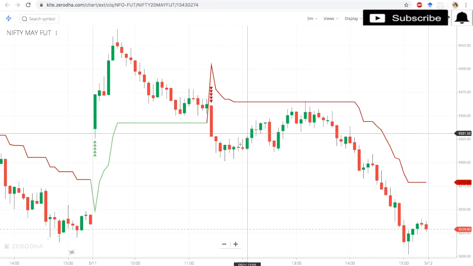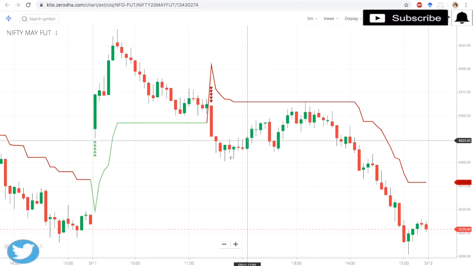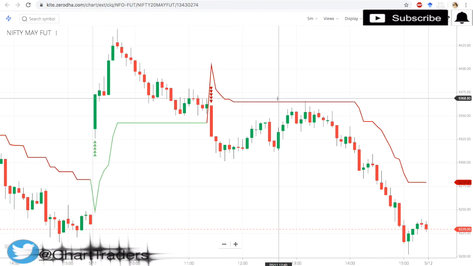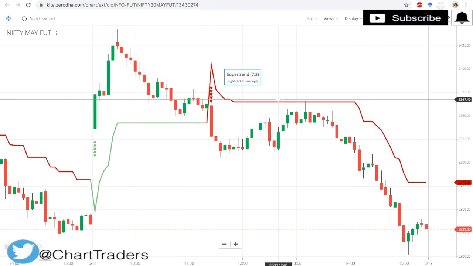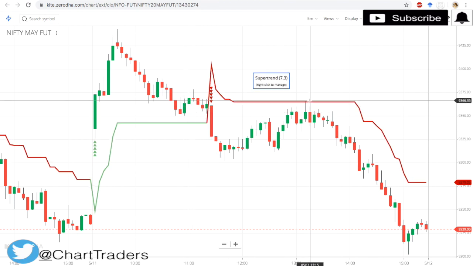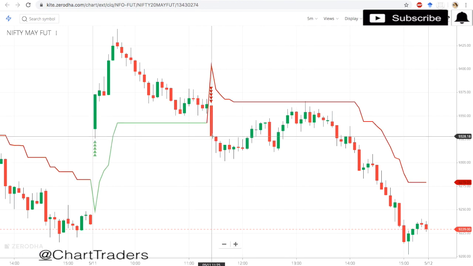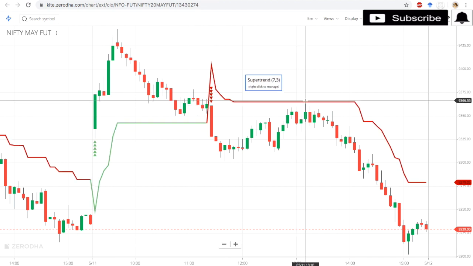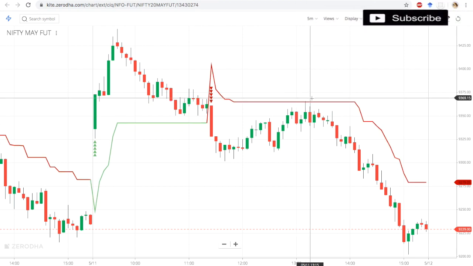So in Super Trend, if you want to trade using only Super Trend, you can keep the line as a stop loss, or put the stop loss just below this line. You can take a first entry, and a second entry, and do short selling here also by keeping the stop loss just above this line.